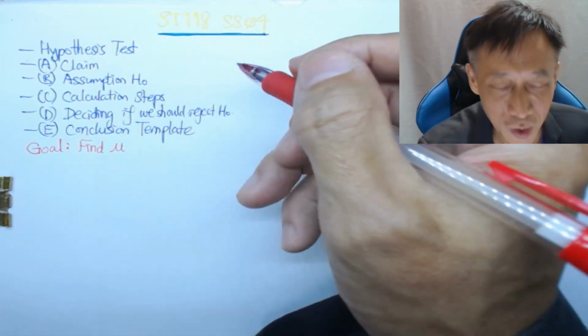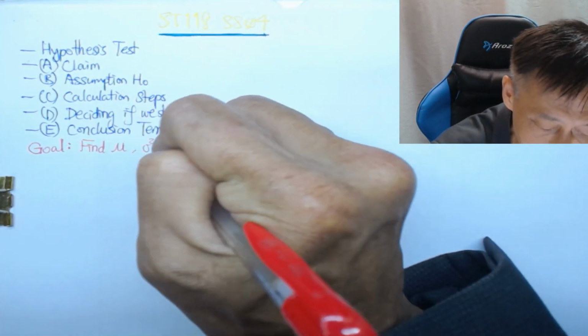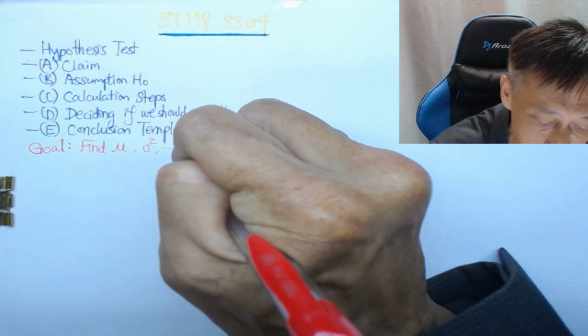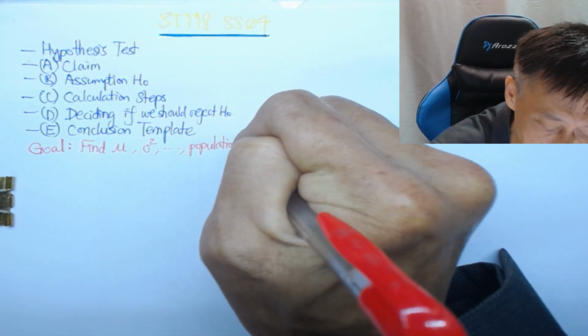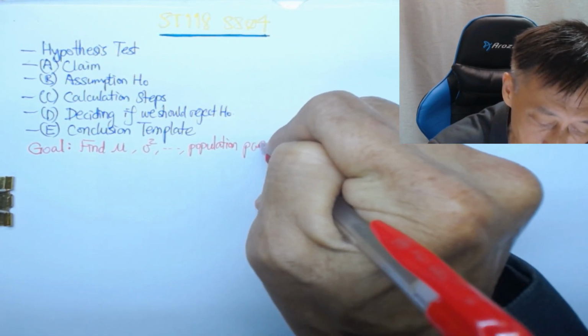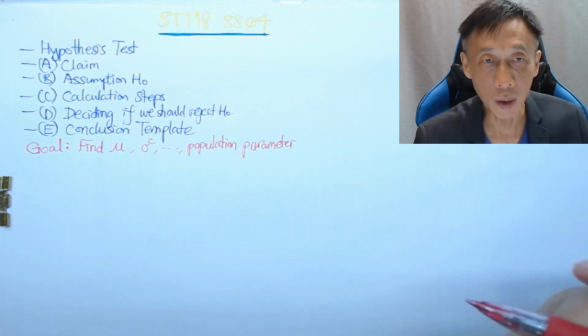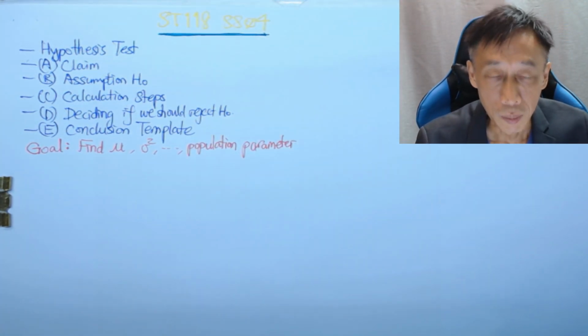Find mu, find variance, find other aspects of population parameters. It's all about population. That means parameter can be any aspect of the population itself.